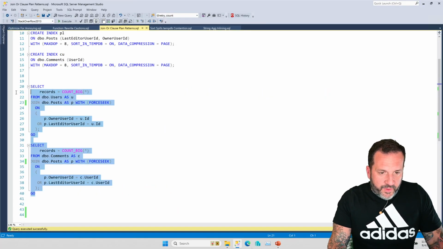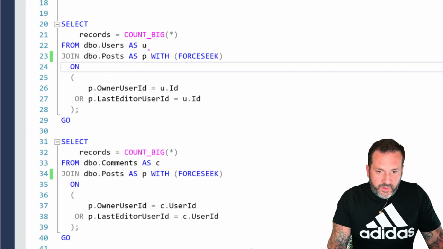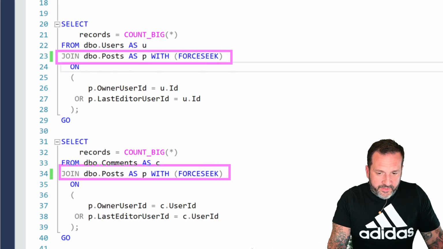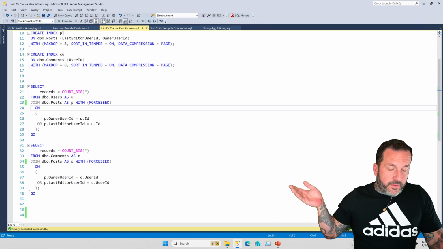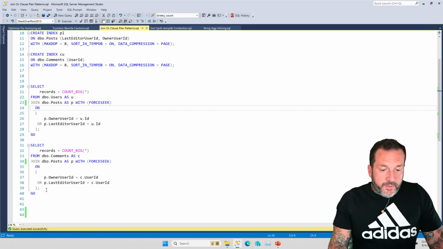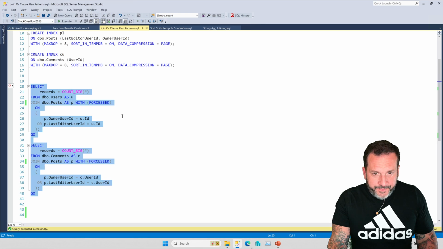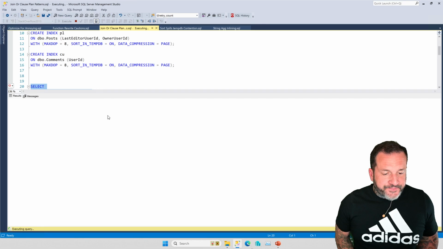We can run these two queries, and the only difference between these two queries and the two that I ran up front is that I stuck a FORCESEEK hint on the post table here and on the post table here. So remember that first query took about 30 seconds and the second query took almost 11 minutes. But just throwing a FORCESEEK hint on these two queries does the Lord's work.